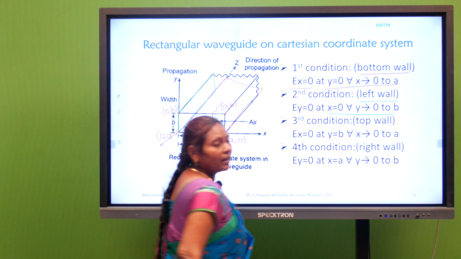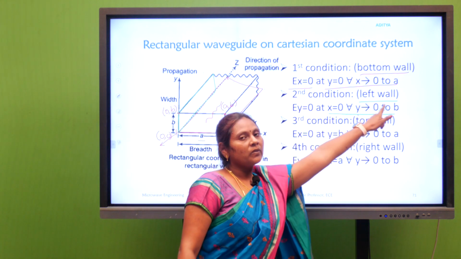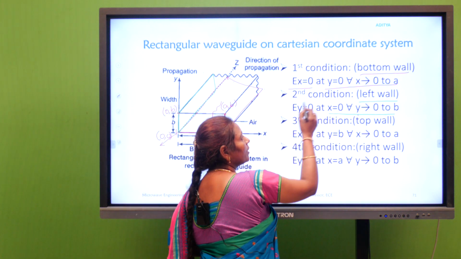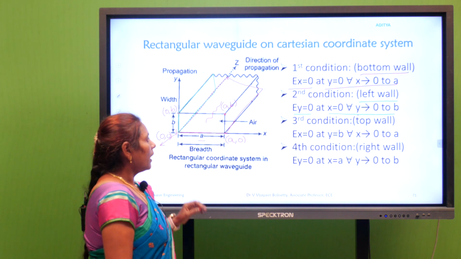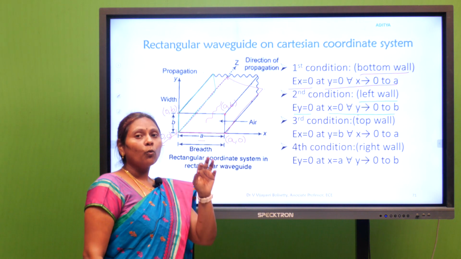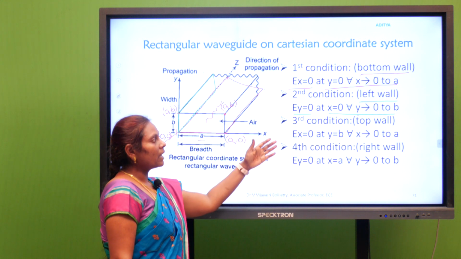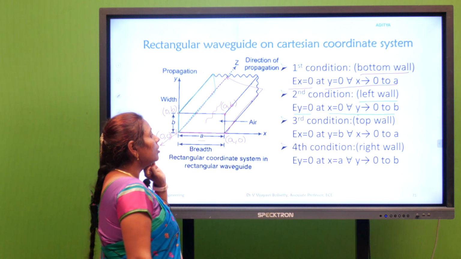So the condition is x equals 0 for all y from 0 to b. As y is a continuous variable, we equate Ey equal to 0. Remember one thing: only the electric field component can become 0, but not the magnetic field. So we don't make Hx or Hy equal to 0; we take only Ex and Ey equal to 0.